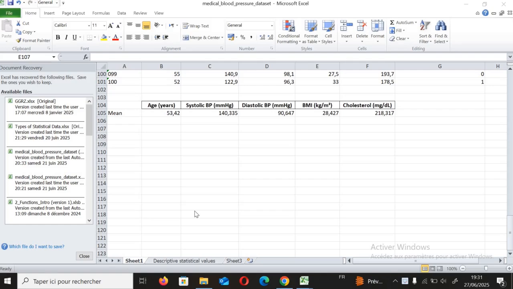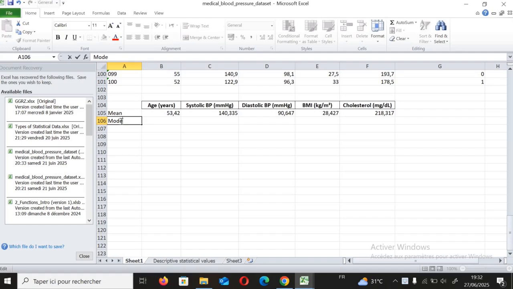We talked about the average of these factors for developing cardiovascular risk. Now we're going to talk about another central tendency concept in descriptive statistics, which is the mode. The definition of the mode is simply the most frequent value.